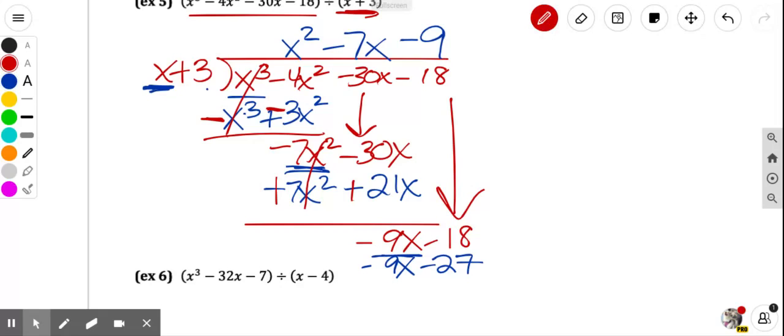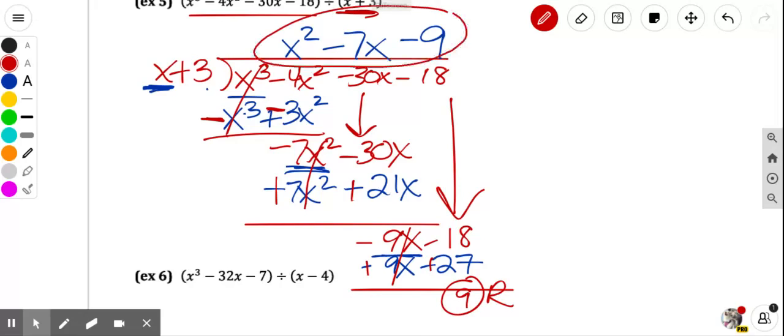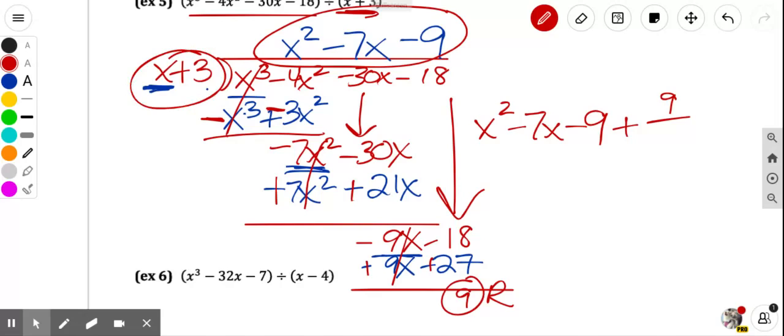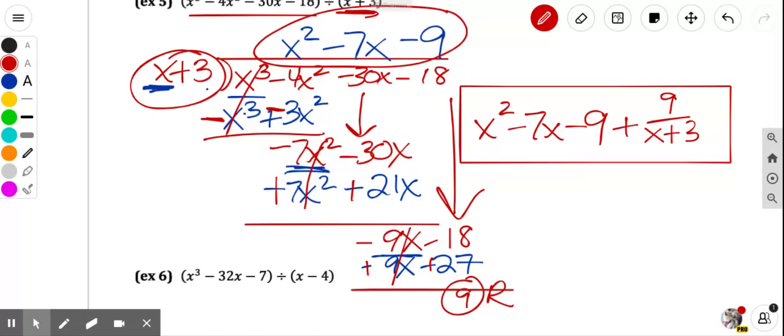So we're changing both signs, always. These are going to cancel. Negative 18 plus 27 is going to be 9. So that's your remainder. So remember, for your final answer, you're taking quotient, which is x squared minus 7x minus 9, and you're adding the remainder, which is 9, over the divisor, x plus 3. And that's it.